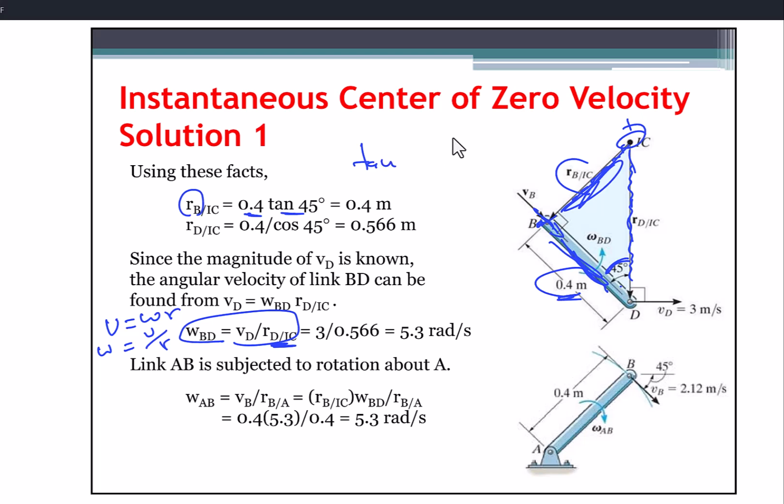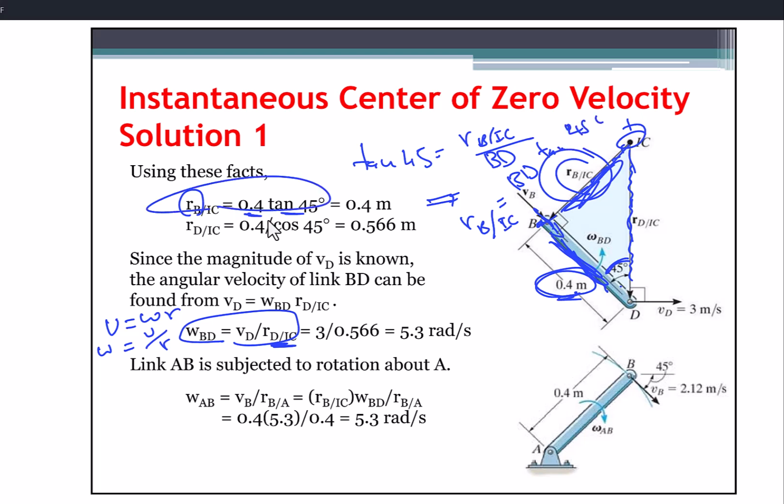Okay, so tan 45 is this opposite, so R_B relative to IC divided by this one, which is BD. In short, this R_B relative to IC is going to be BD times tan 45.